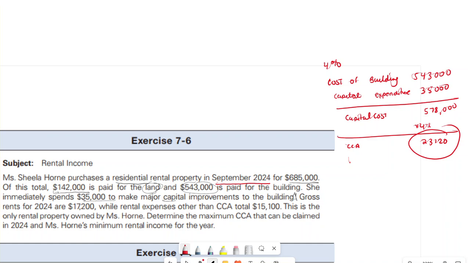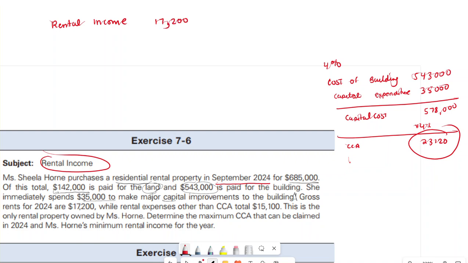Now, if it's a rental income, first thing we're going to do is receive money. That will be called rental income. In the question they told us the gross rent for 2023-24 was 17,200.